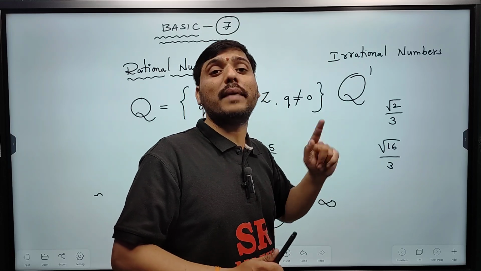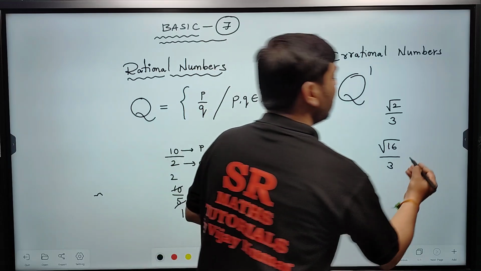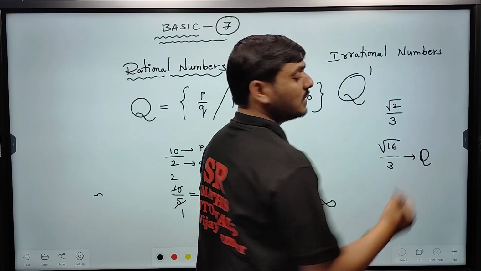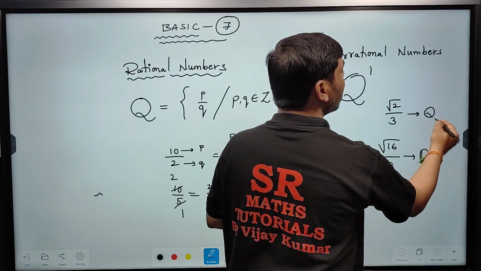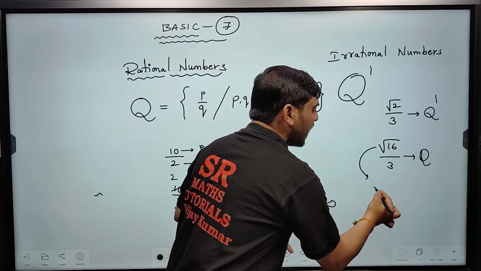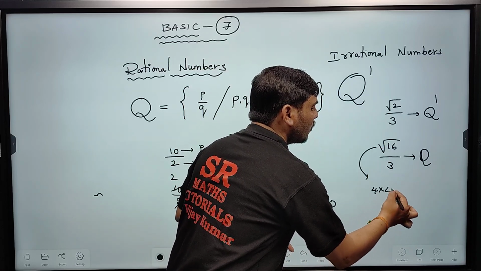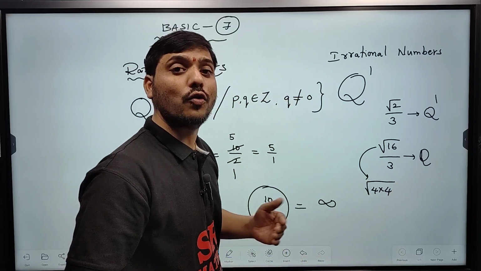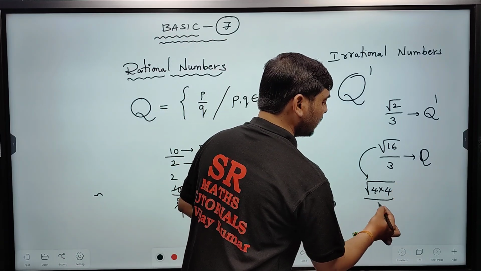Now root 16 by 3: root 16 can be written as root of 4 into 4, with denominator 3.